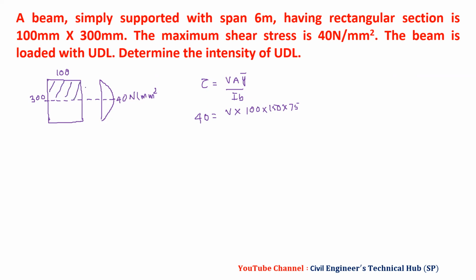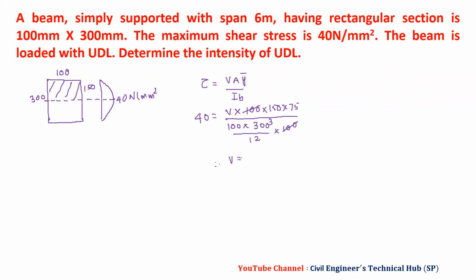So 100 into this is 150 and center of this 75, divided by BD cube by 12, 100 into D cube, 300 cube by 12. And B we have 100. Same everywhere. So we will have this 100 gets cancelled with 100. And then we will have value of V.